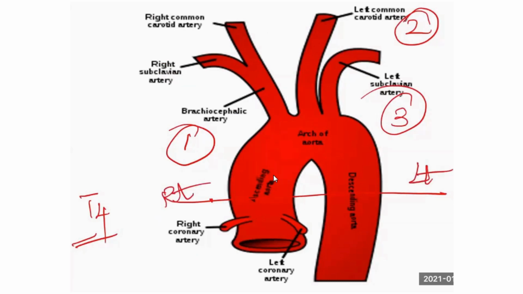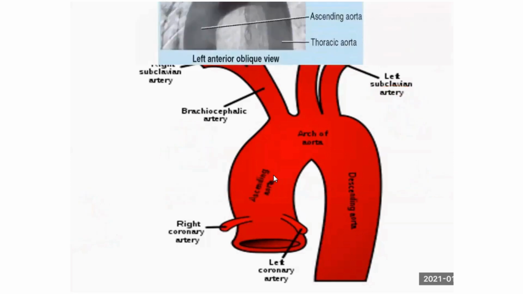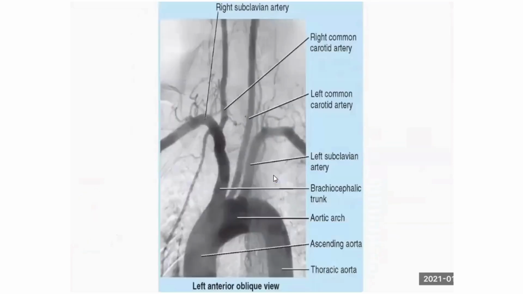On the left side, it ends at the level of T4 as the arch, then continues downwards as the descending thoracic aorta.